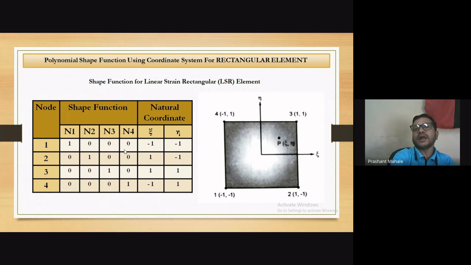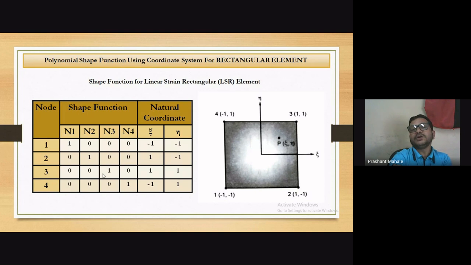The second case is node 2, where n2 is 1 and all other shape functions are 0. In other words, displacement is 1 at that node and all others have 0 displacement.